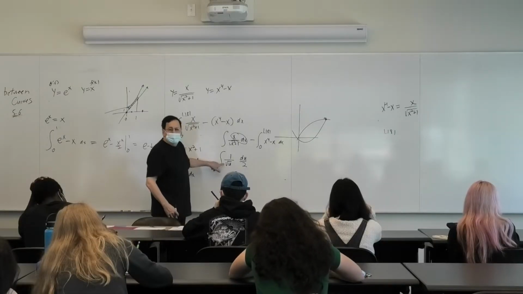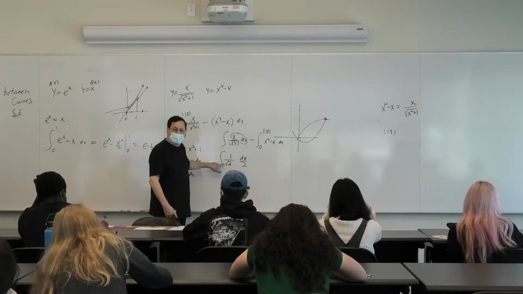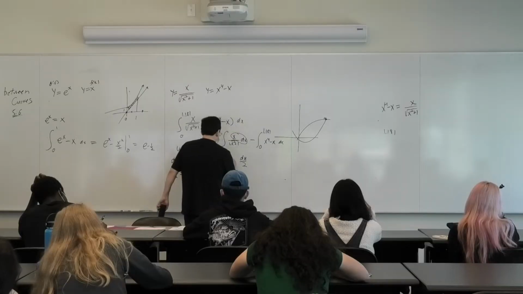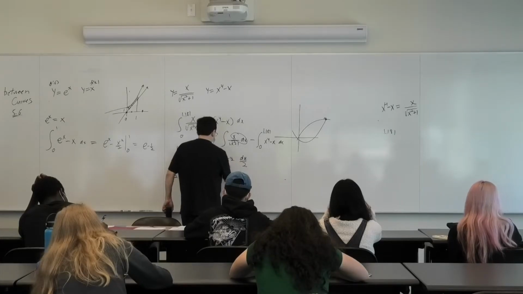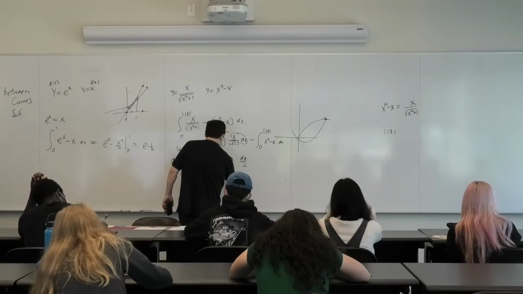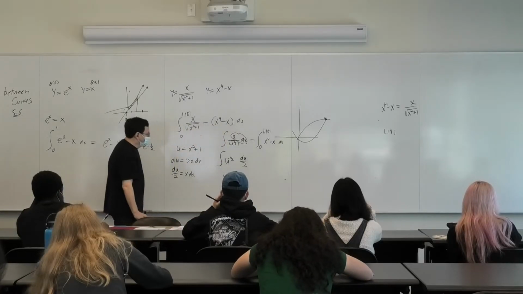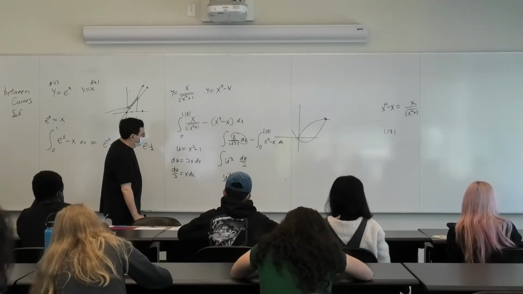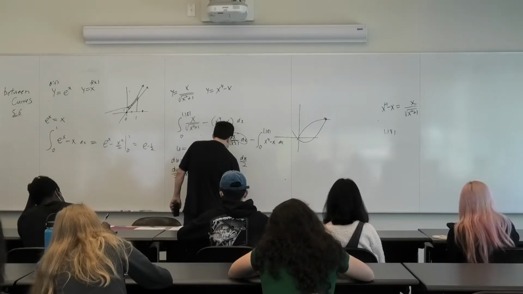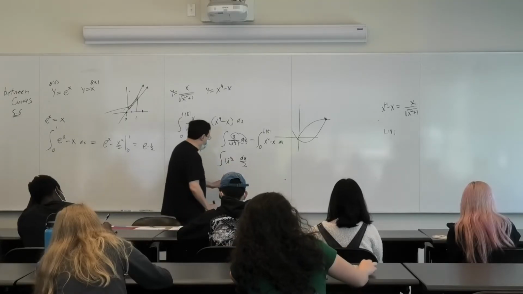The antiderivative of 1 over the square root of u is just the reverse power rule, right? u to the negative 1/2. So it's going to be u to the 1/2 over 1/2. Times 2. Oh, no, times 1/2.